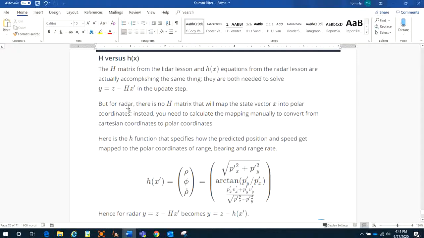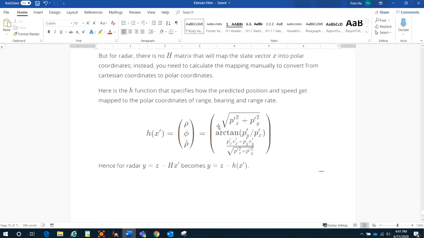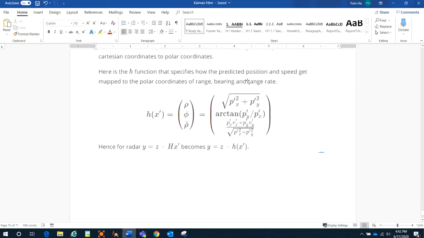But right now, with the radar sensor, the H function maps the state vector x into polar coordinates, because with radar, z is in polar coordinates. So we have to map the state vector x into polar coordinates. Instead, you need to calculate the mapping manually to convert from Cartesian coordinates to polar coordinates, and the result is right here.